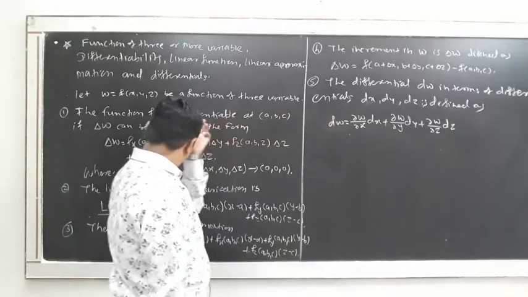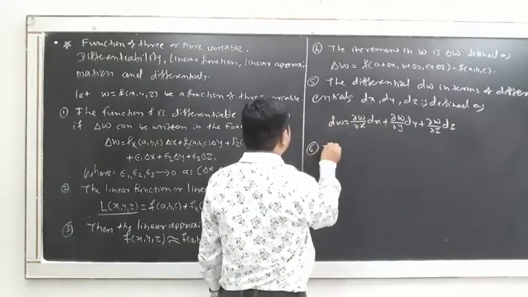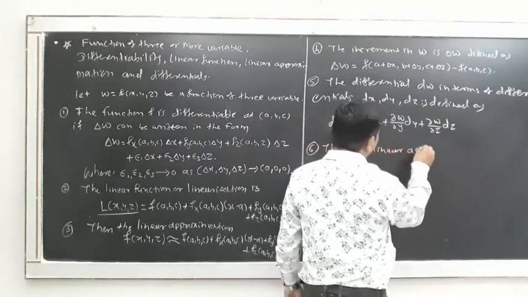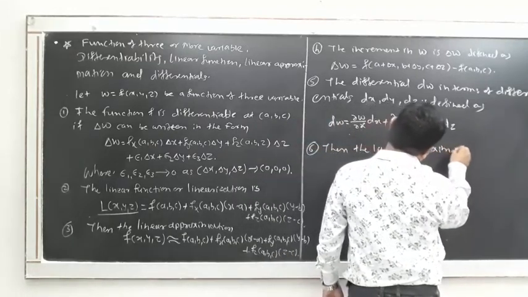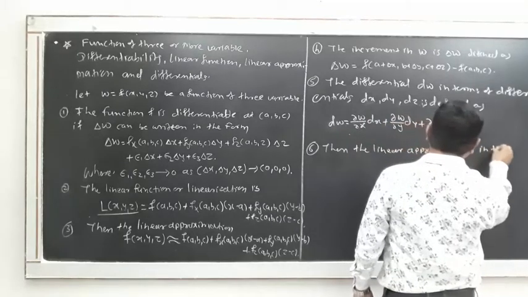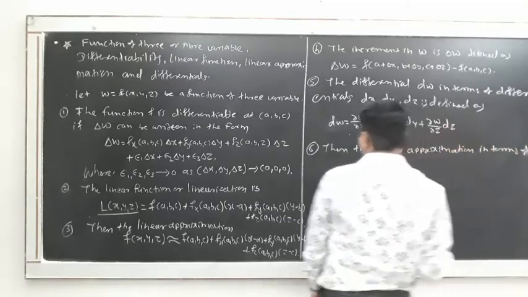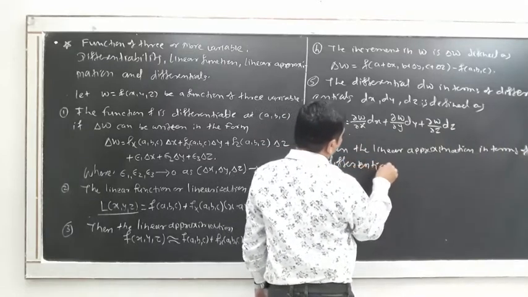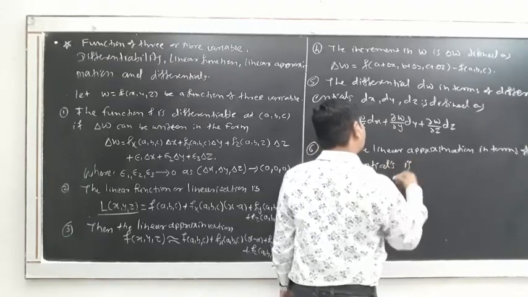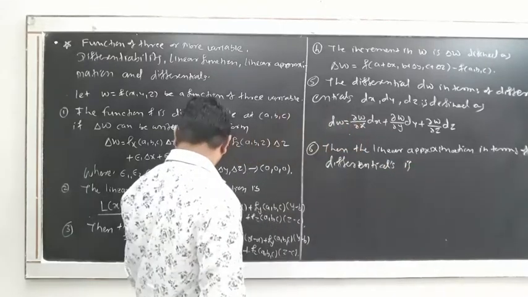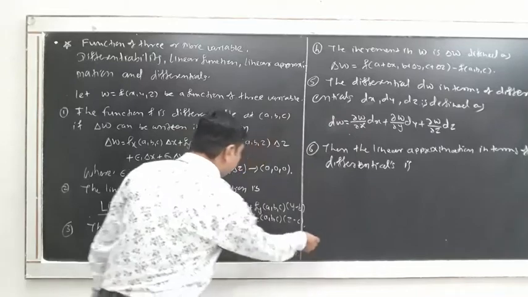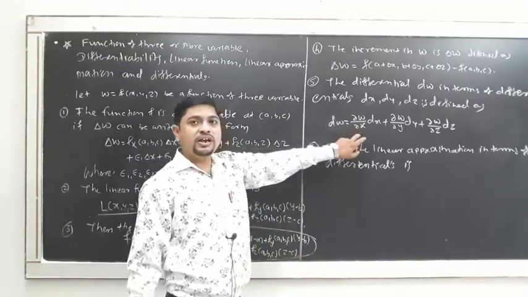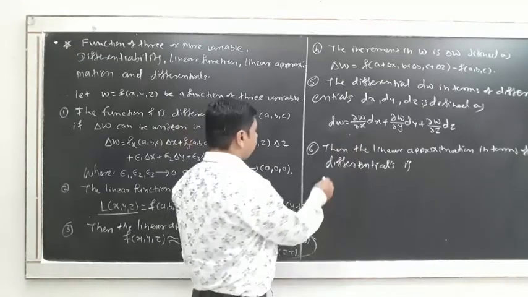And then we can write the sixth definition: the linear approximation in terms of differentials. Instead of all these terms, this is nothing but our differential dw, so you can replace it.